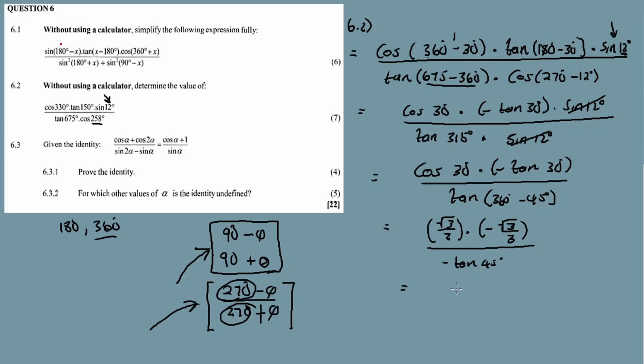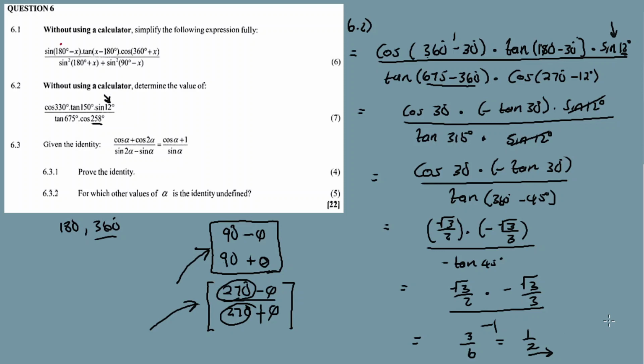So square root 3 over 2 multiplied by negative square root 3 over 3, divided by negative 1. Signs are positive. 3 times 3 is 9, 2 times 3 is 6, so 3 over 6 divided by negative 1... we get 3 over 6, which is 1 over 2.